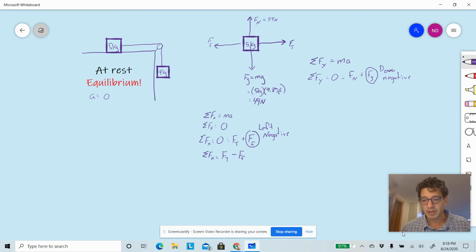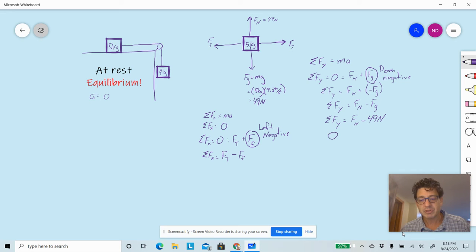So we could say the sum of the forces in the y direction equals the normal force plus a negative force of gravity, or the normal force minus the force of gravity. We calculated the force of gravity a moment ago, so the sum of the forces in the y equals the normal force minus 49 newtons.